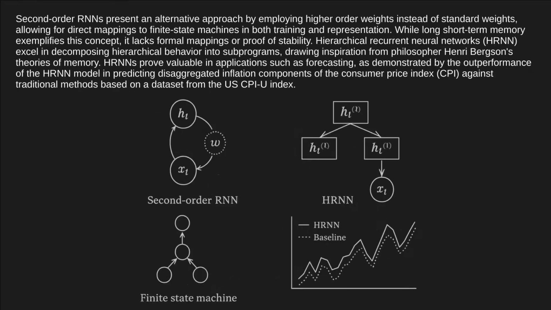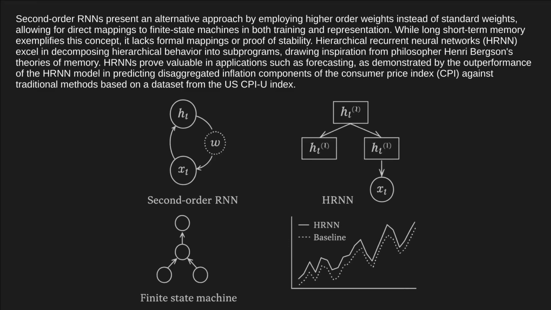Second-order RNNs present an alternative approach by employing higher order weights instead of standard weights, allowing for direct mappings to finite-state machines in both training and representation. While long short-term memory exemplifies this concept, it lacks formal mappings or proof of stability. Hierarchical recurrent neural networks, HRNN, excel in decomposing hierarchical behavior into subprograms, drawing inspiration from philosopher Henri Bergson's theories of memory.